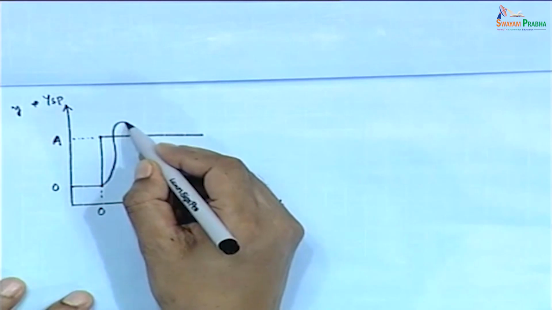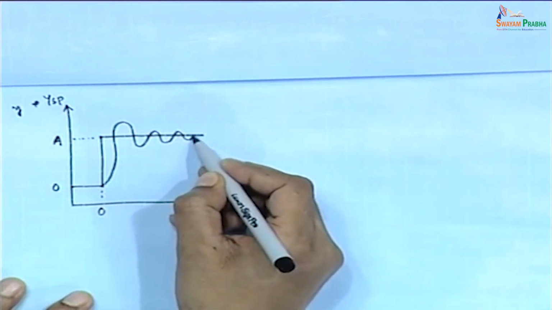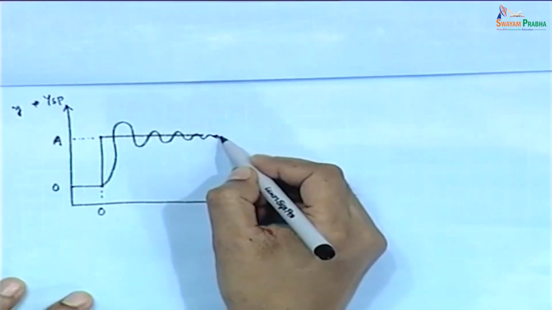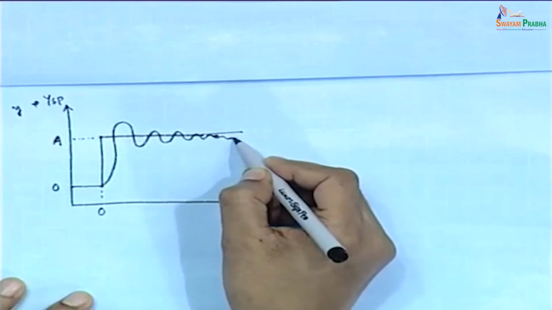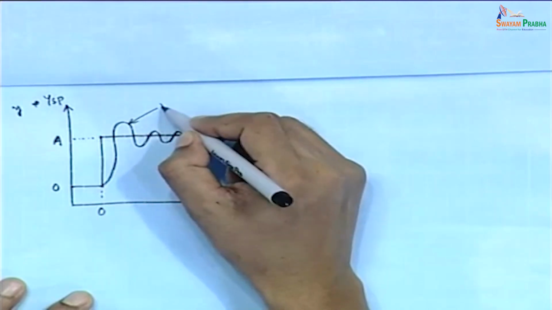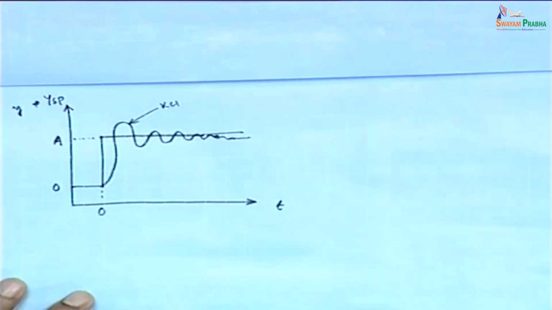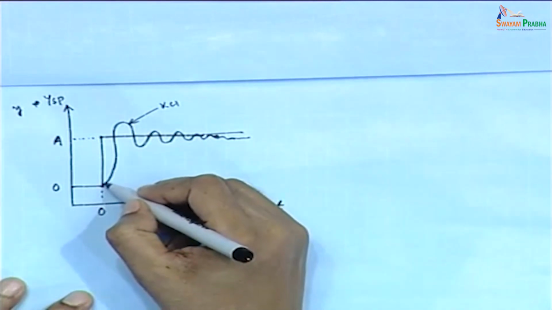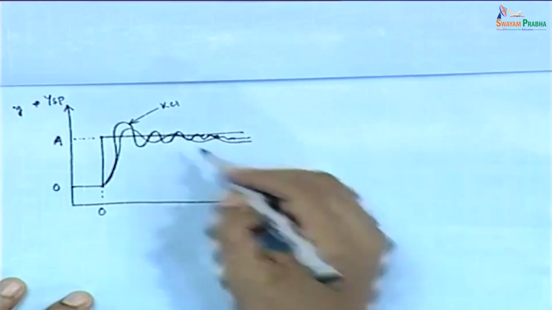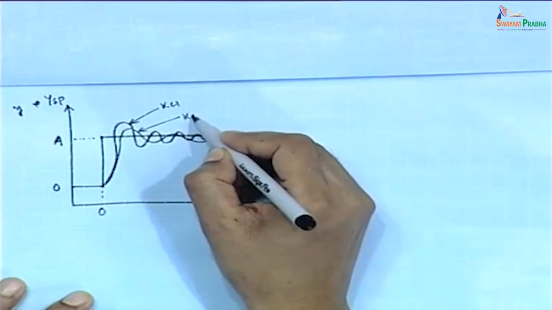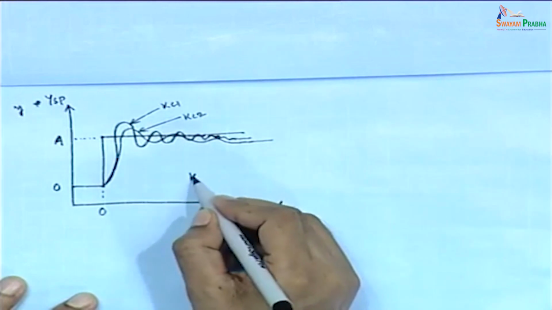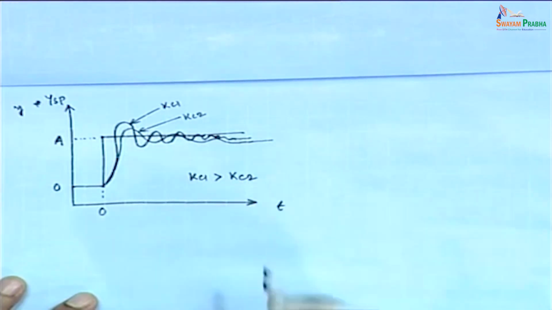Now, the closed loop response is like this for a particular Kc, suppose Kc1, and this is for another Kc, suppose Kc2. Here Kc1 is greater than Kc2.